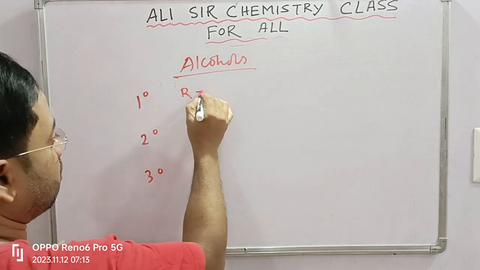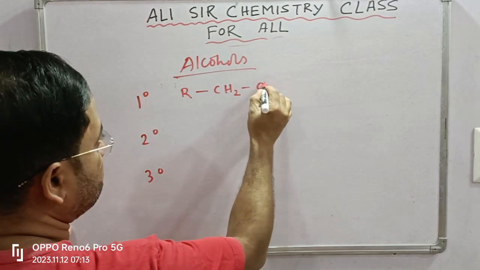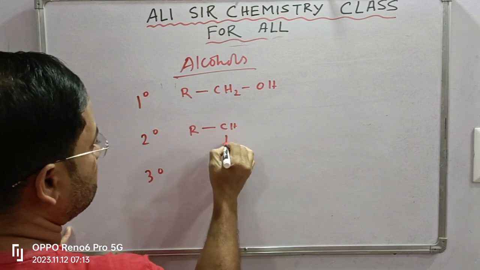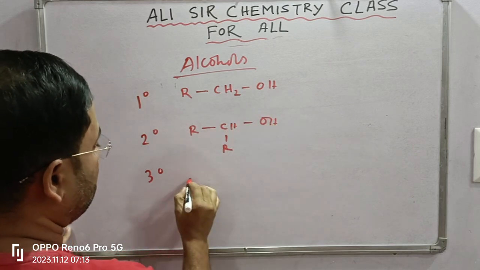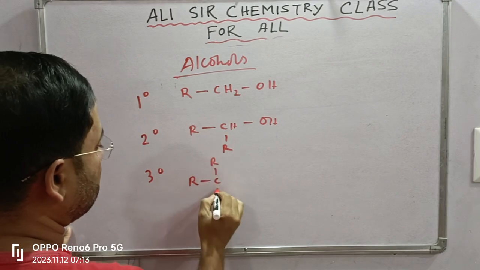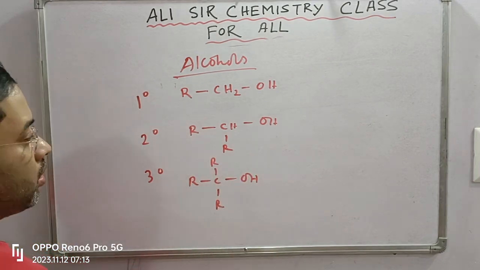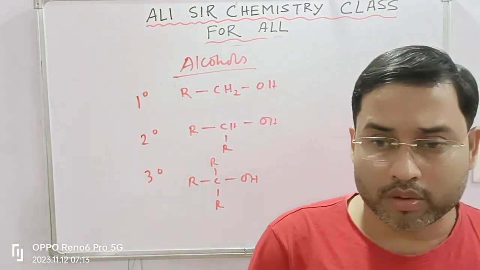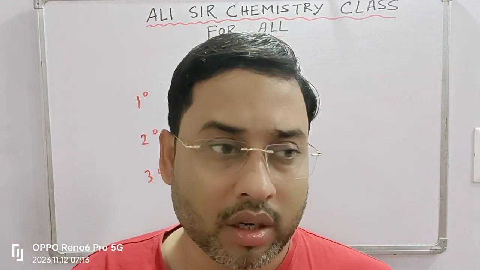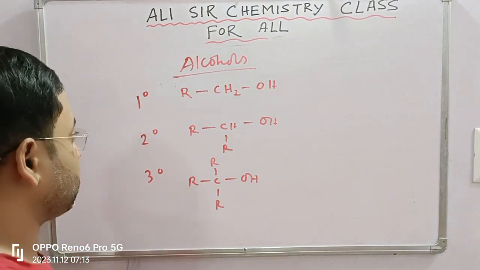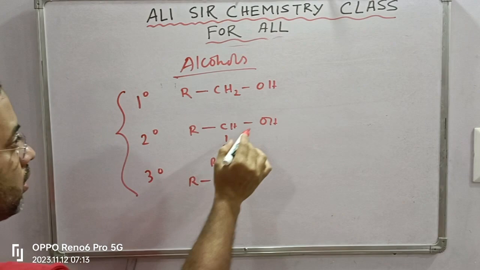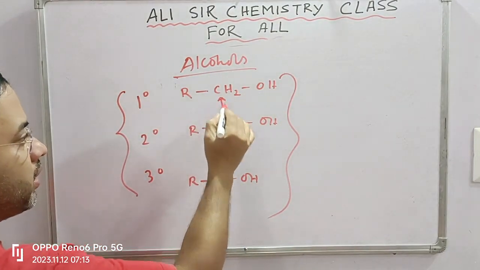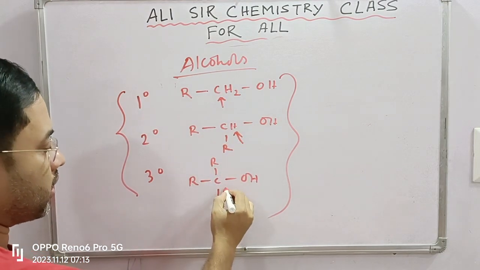In primary alcohol, we can write the general formula as RCH2OH, secondary alcohol RCHROH, and tertiary alcohol RCRROH. I have taken here the secondary and tertiary alcohol with the same alkyl group. It doesn't matter, the alkyl group may be different, but I have taken here the examples of alcohols with the same alkyl groups. So this is the primary alcohol, this carbon is primary, this carbon is secondary, and this carbon is tertiary.